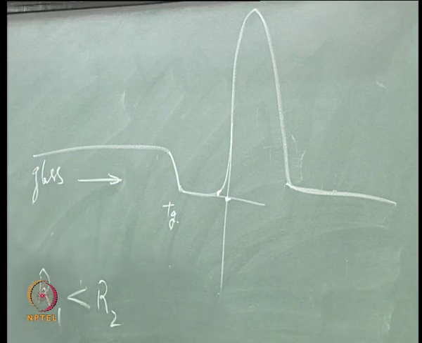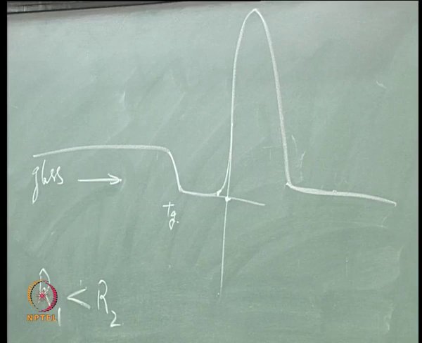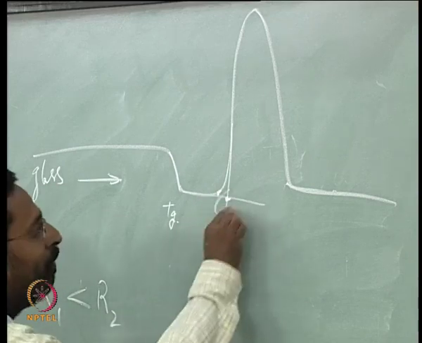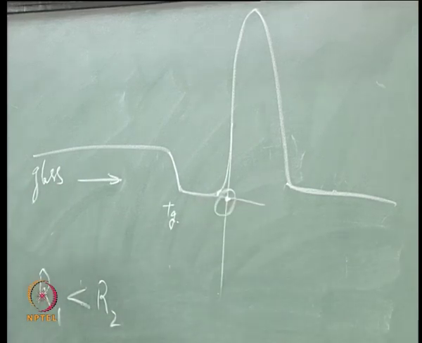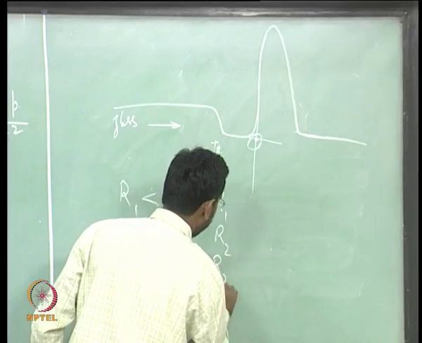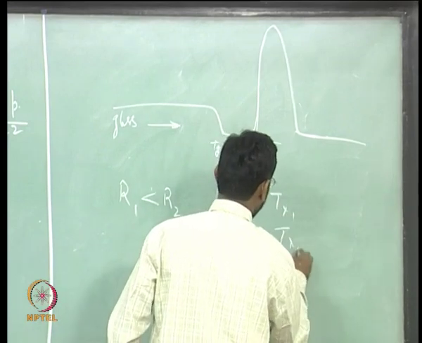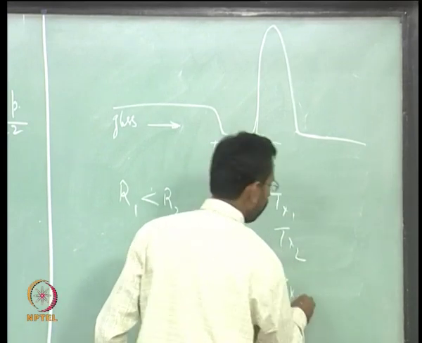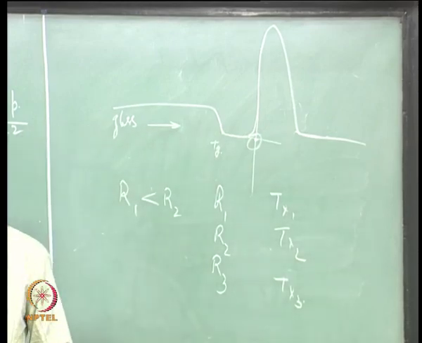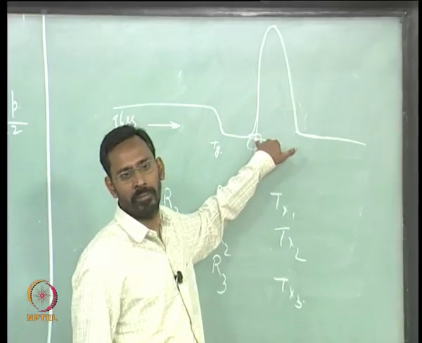So by heating it at 4 or 5 different rates, what you get are different starting temperatures for the different heating rates R2, R3 and so on. You will get what is called Tx1, Tx2, Tx3 and so on. So identify for each heating rate what is the transformation temperature.